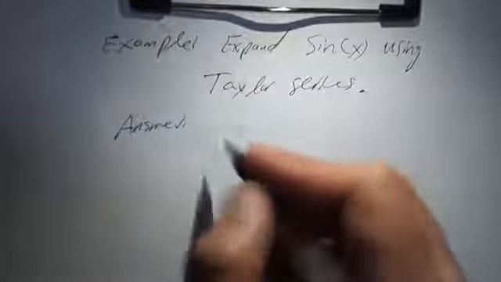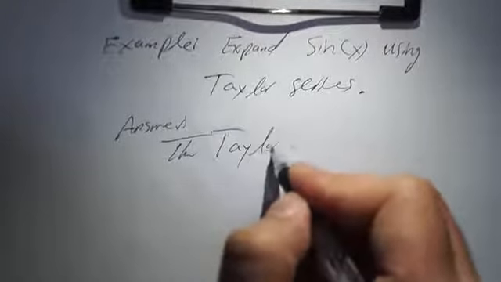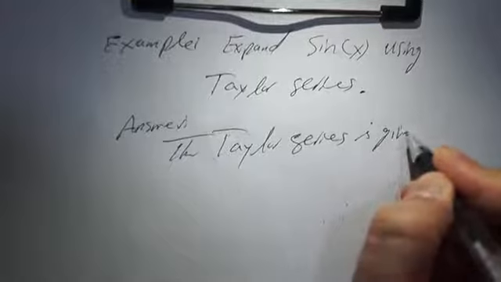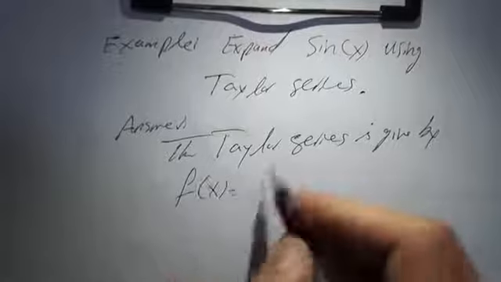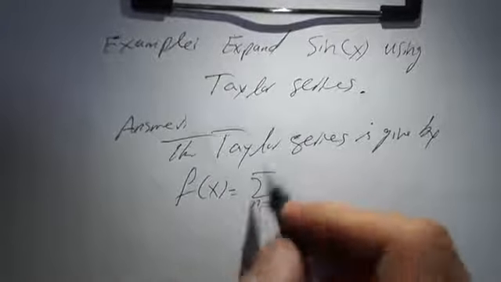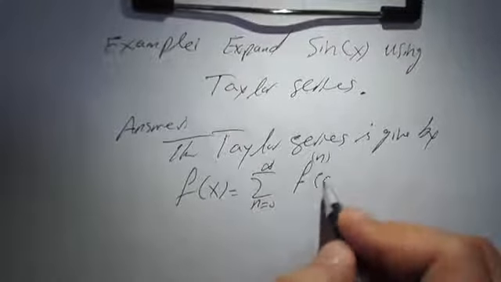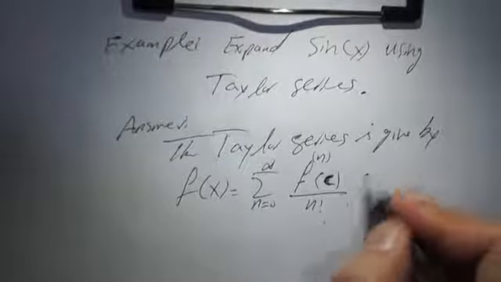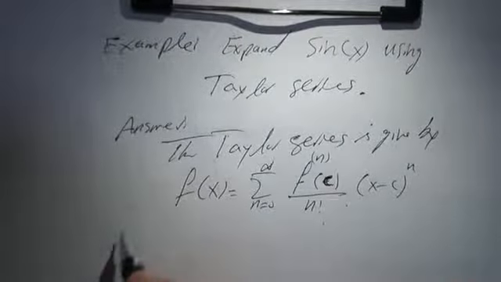Now, the Taylor series is given by the following general formula: f(x) equals the sum from n equals 0 to infinity of f^(n)(c) divided by n factorial times (x minus c) to the power n. This is the general formula. Now how do we find the first term?